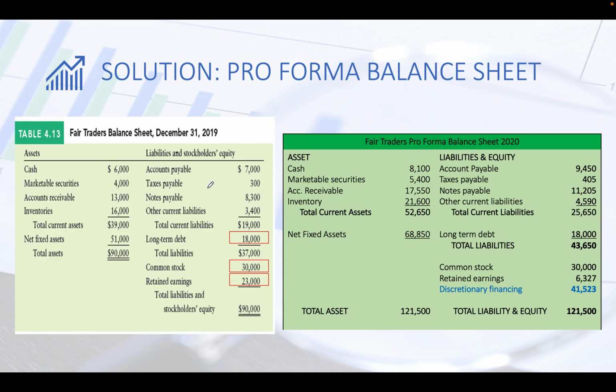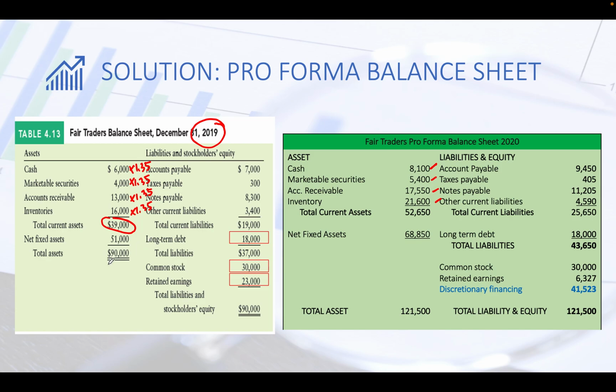Jadi kalau kita tengok tahun 2019, when we actually times any other items with 1.35, times dengan 1.35, times dengan 1.35, you will get this kind of amount. So darab semua dengan 1.35. So yang ini you total up lah berapa jumlah dia. Okay.